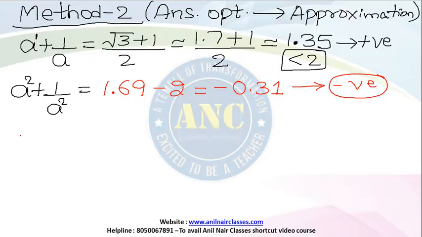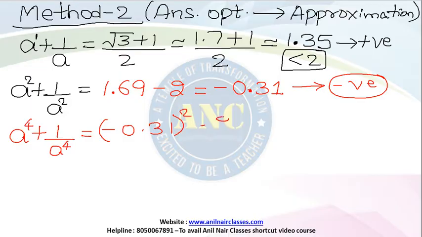Now similarly, I actually need a power 4 plus 1 by a power 4. Now think logically, sir. Minus 0.31 is what I have on the right hand side this time. I will square it and I will subtract from 2. Think logically. This is 0.3 with a negative sign.